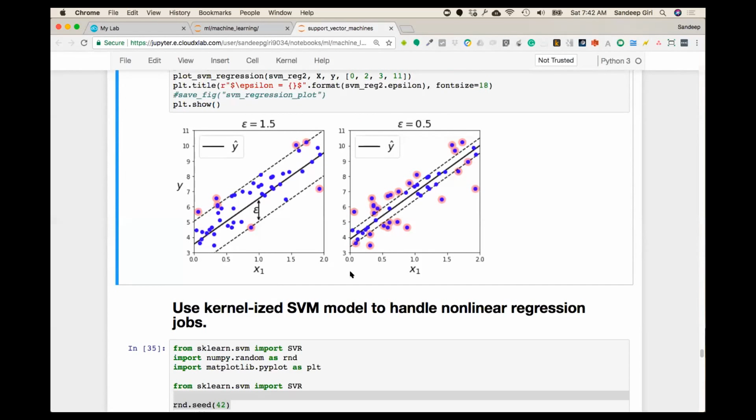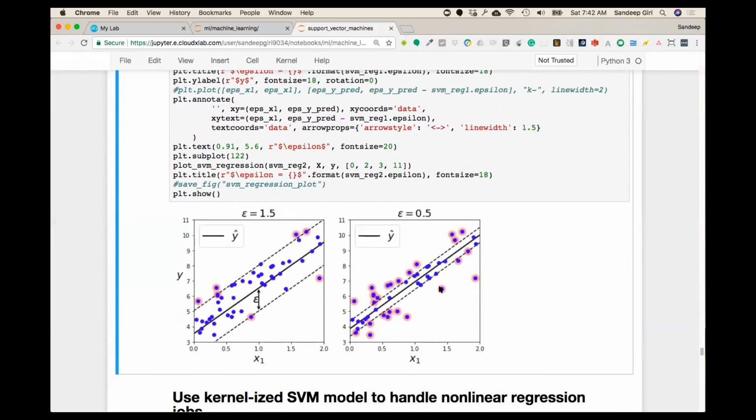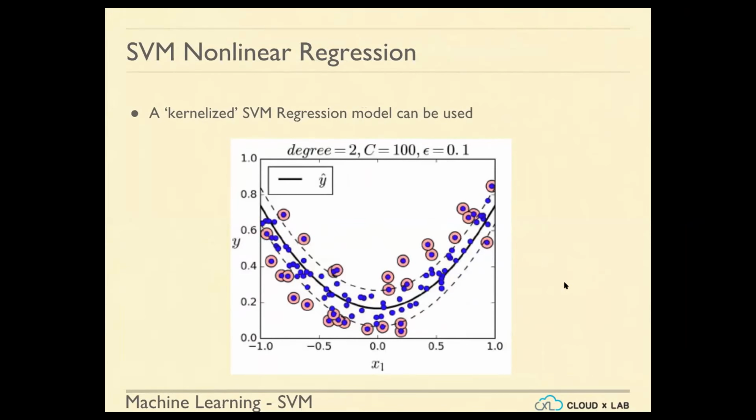In the case of SVM regression, we have a decision boundary and we have the support vectors, basically the margin. So we do the prediction based on the decision boundary.